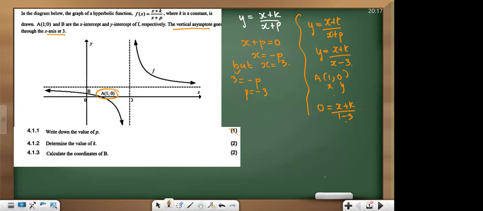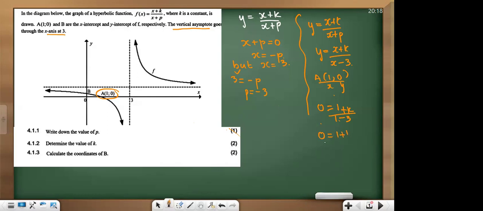So k, oh wait, am I doing the right thing? Is there something I'm missing? All right, this will be x plus k, but I know x is 1 because I'm using point A. So 1 plus k over 1 minus 3. Basically, you do cross multiplication and get 0 equals 1 plus k.